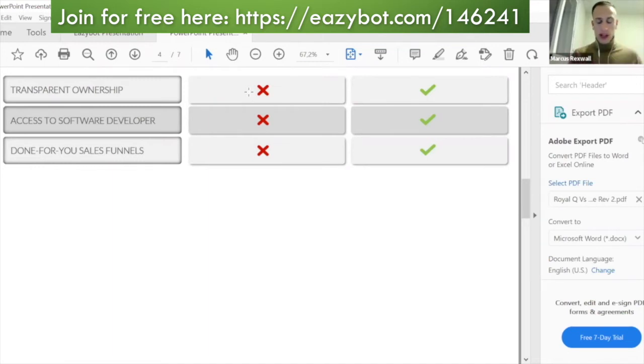And what they will introduce as well in Eazybot is done-for-you sales funnels. For those of you who don't know what a sales funnel is, it's basically a homepage that you get where people can put in their information, like their phone number and email address, and then the company will send out emails for you asking them to join your team with your link inside the email, and they will do that automatically.